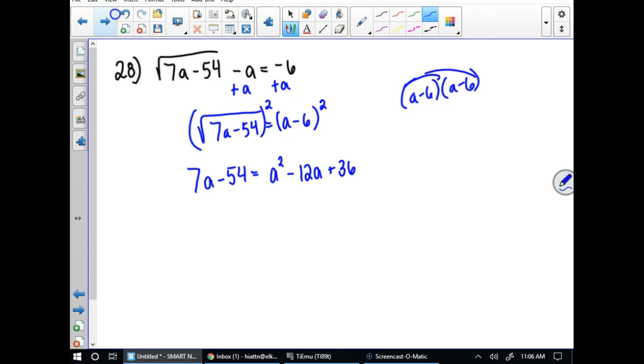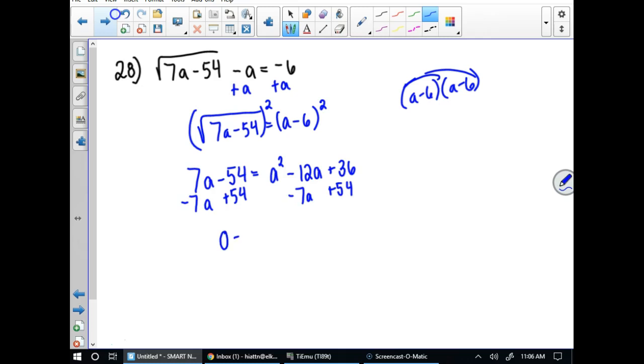Okay. Aaron, what are we going to do next? Okay, we can add that 54 to the other side. And this is a quadratic. So for quadratics, we need to move everything to one side. So I'd probably go ahead and do the 7a as well. So subtract that 7a.